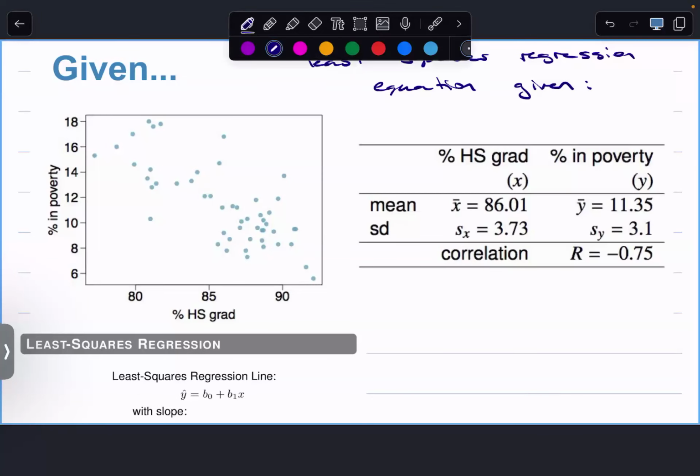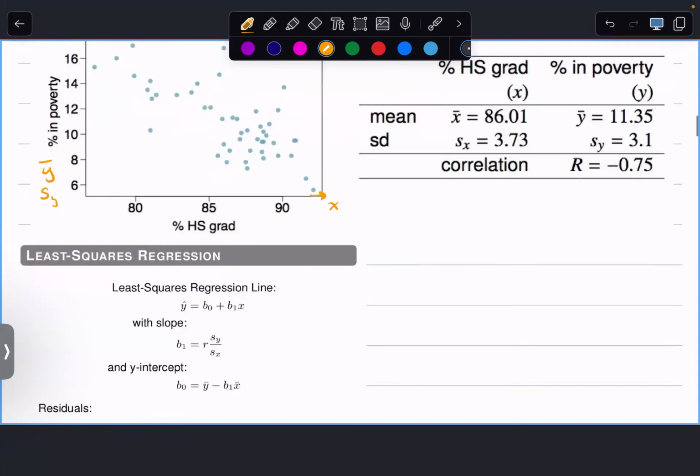And so what does this mean? Well, we know that this is your y-axis and this is your x-axis. And so the response variable in this case is the percent in poverty, which has some average, right? It's numerical data, so I can calculate the average of y, and I can calculate the standard deviation of y. Same thing for the percentage of high school grads.